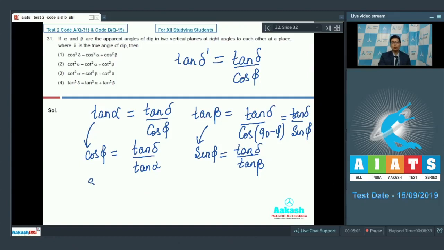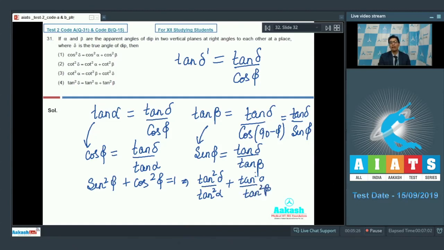Now dear students, we know that sin square phi plus cos square phi must be equal to 1, which means that tan square delta by tan square alpha plus tan square delta by tan square beta should be equal to 1.